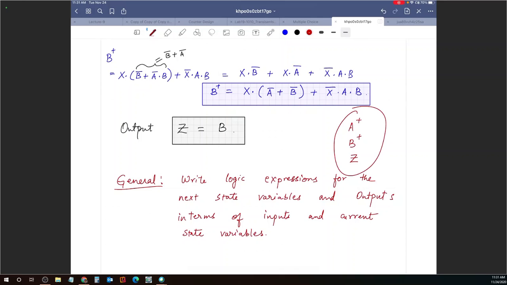So we have written an expression for A plus, B plus, and the output Z in terms of input X, current state variable A, current state variable B.